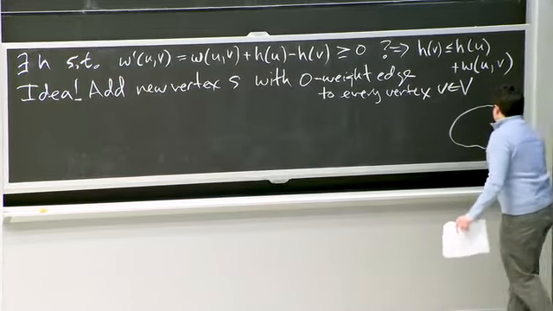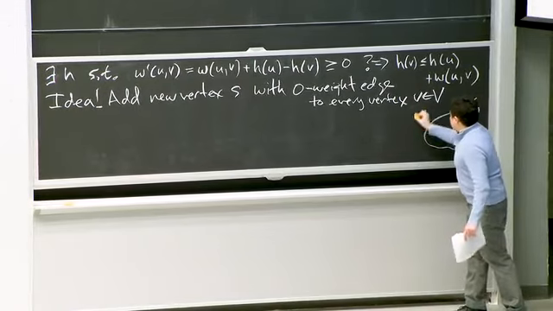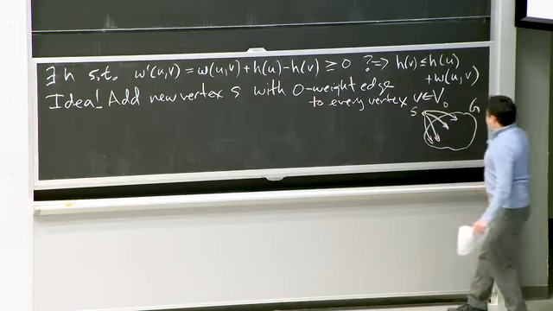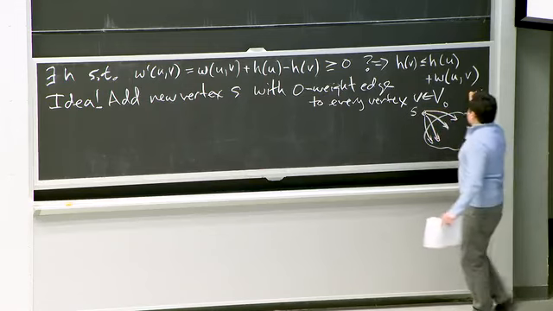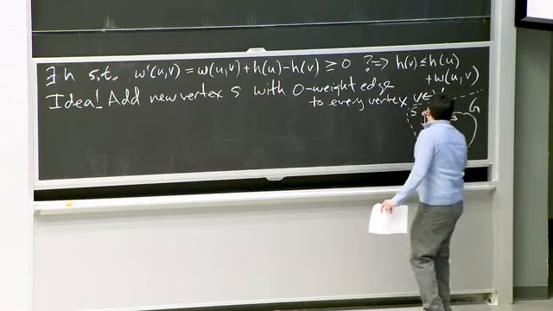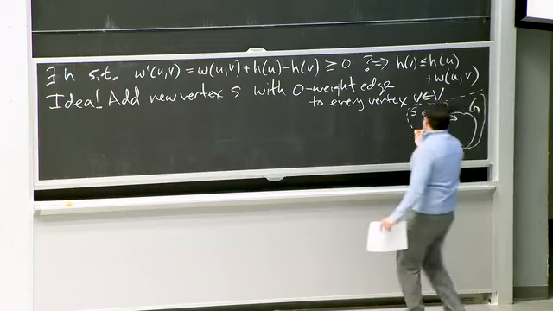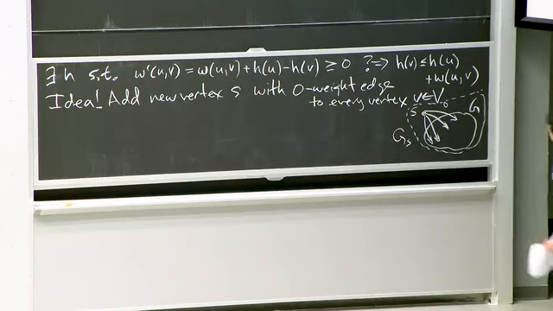There's my original graph, and now I have this vertex S, but it has directed edges into all of the vertices with zero weight. That's our picture. And this new thing I'm going to call my GS graph now.